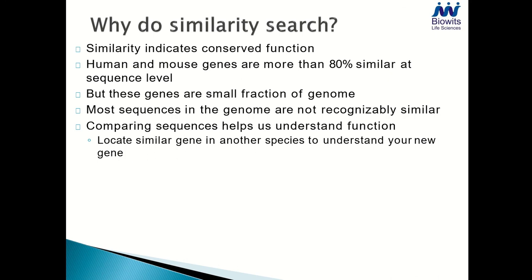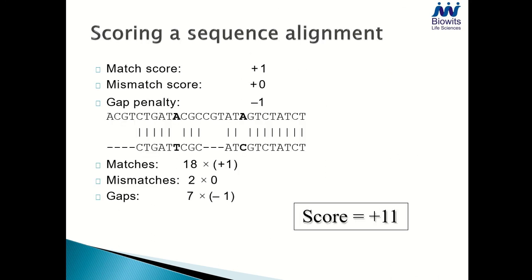Of course, we want to study that, and we are using bioinformatics to understand this at a molecular level. Now, in terms of scoring a sequence alignment, makikita natin dito: match score, positive 1; mismatch score, 0; gap penalty, negative 1.